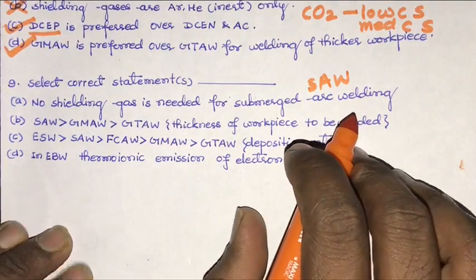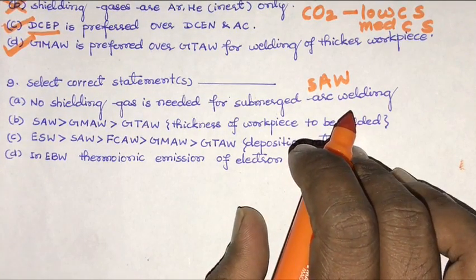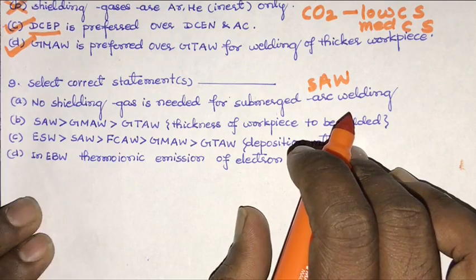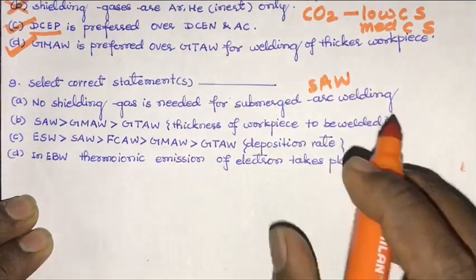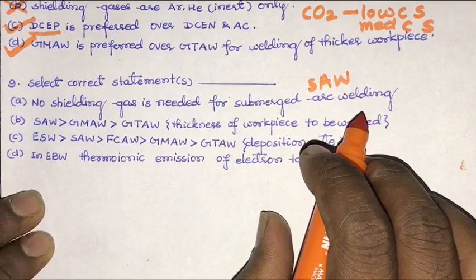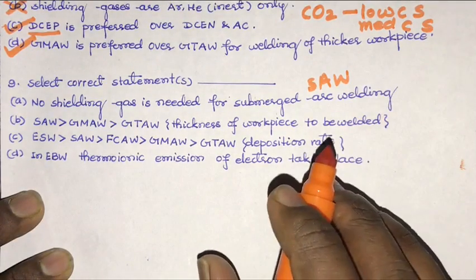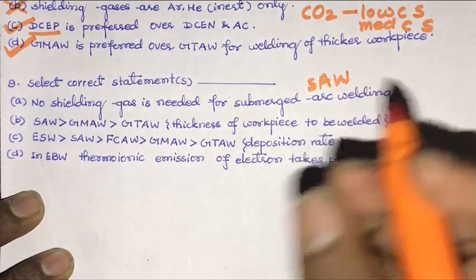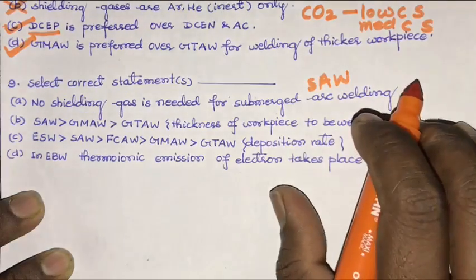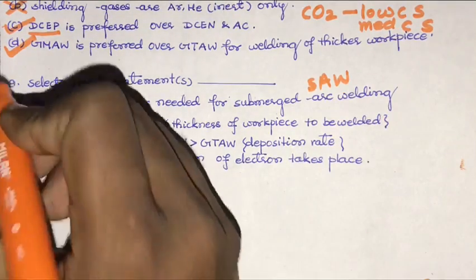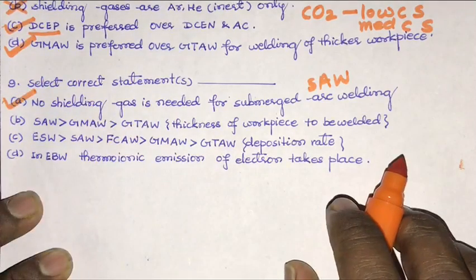Here the arc is completely submerged and invisible, so no shielding gas is required, because the molten metal is separated from the air by molten slag and granular flux. So this statement is absolutely correct.